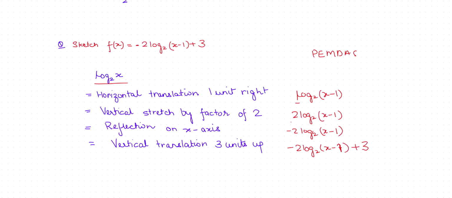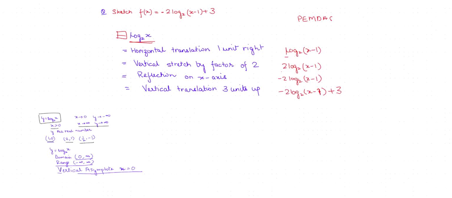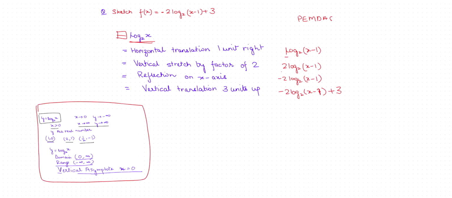I will also pull out the points and domain range which we got for log base 2 of x. So this is our log base 2 of x characteristics which we got in the last question.